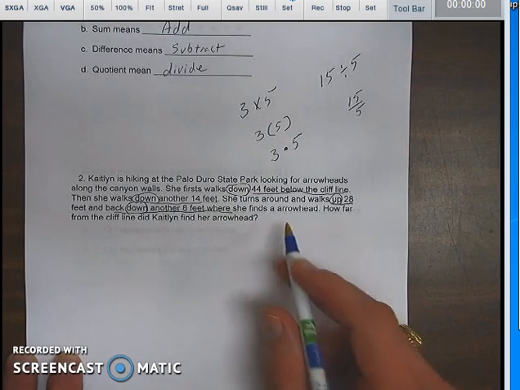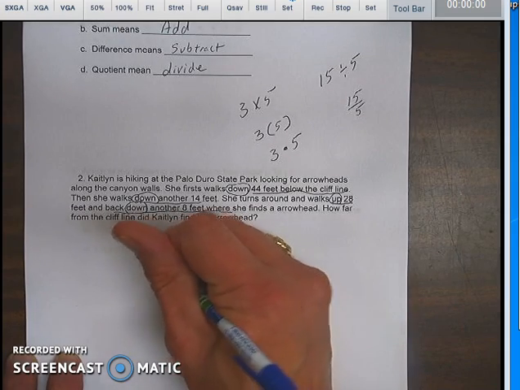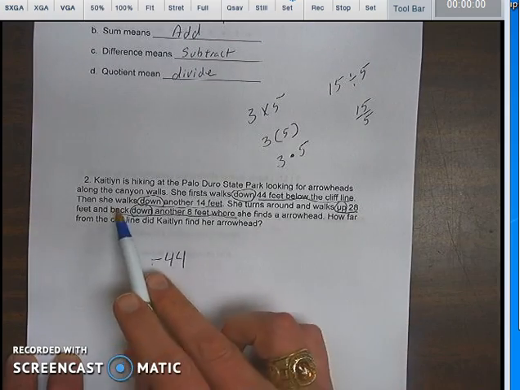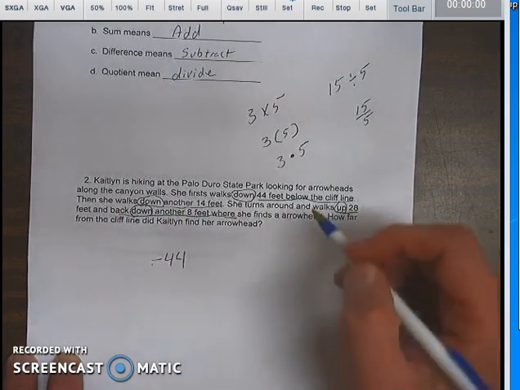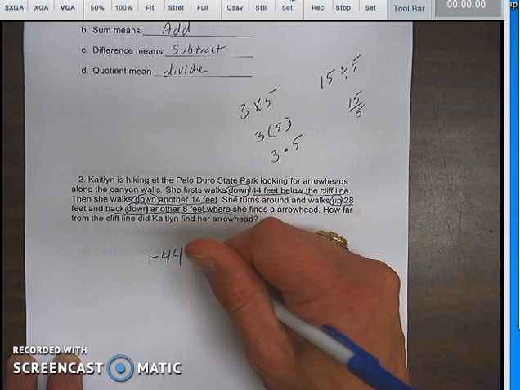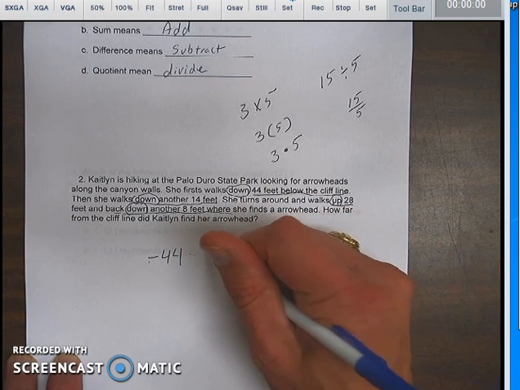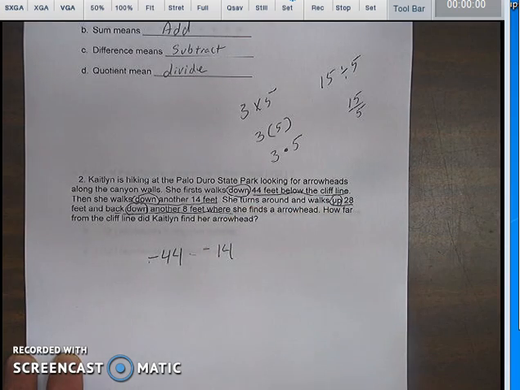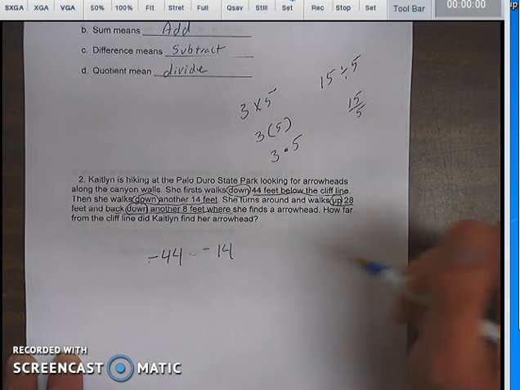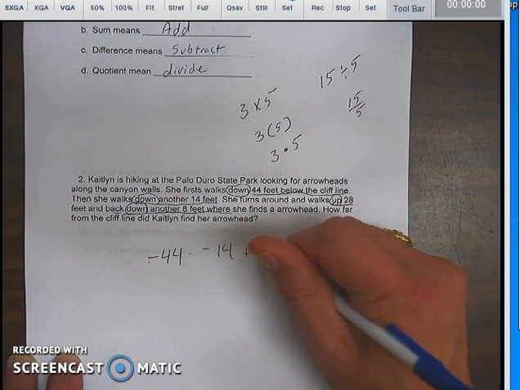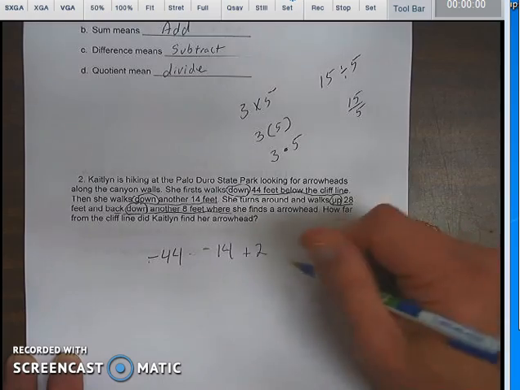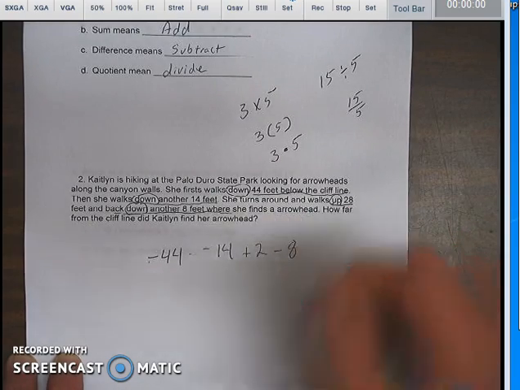So let's start. If she walked down 44 feet, you're starting with negative 44. Then she walks down another 14 feet. Turns around, walks up 28. Up's going to be positive. And then down another 8 feet.